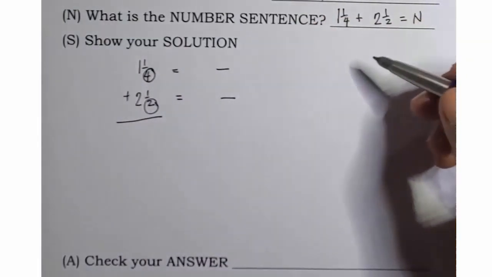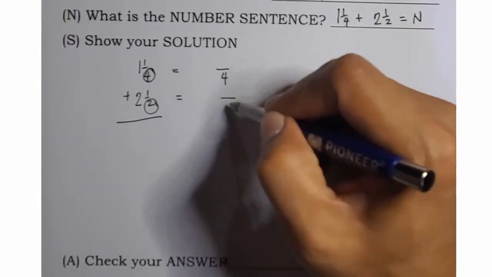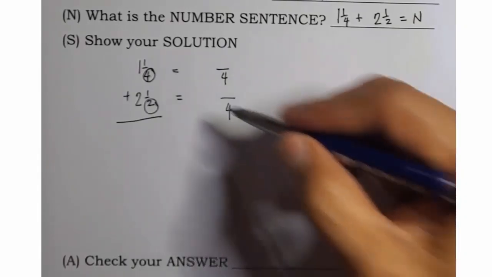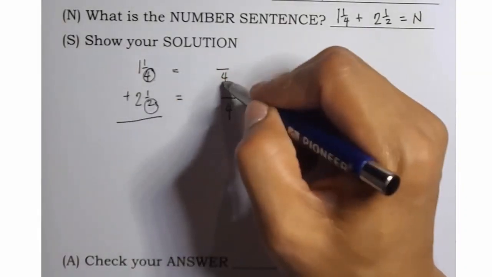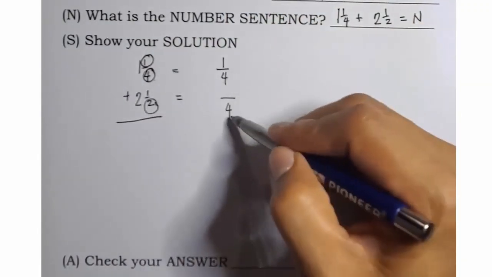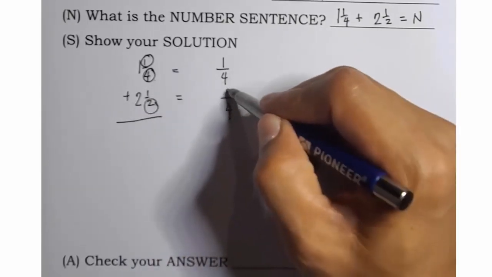Of course, the LCD kung saan magtatagpo si 4 at saka 2 is 4. Now, after that one, you look for their new numerator. Of course, because you just copied 4, you also have to copy the numerator 1. Here, 4 divided by 2 is equal to 2 times 1, that is equal to 2.